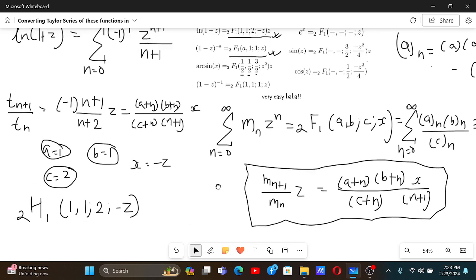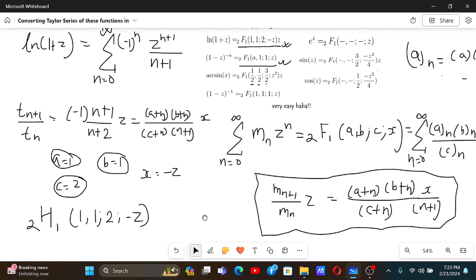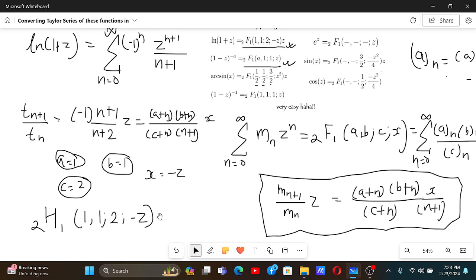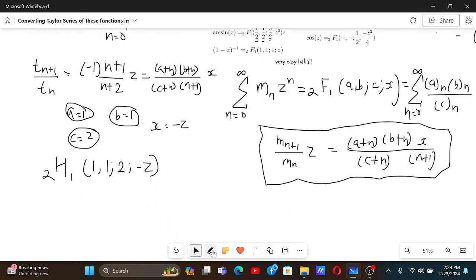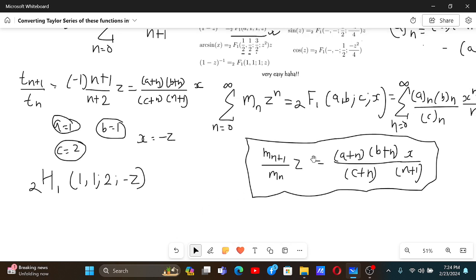That's why we are not sure about the first term, so we need to check it and try to multiply by some variables if needed. This hypergeometric series will start from z to the power 0.